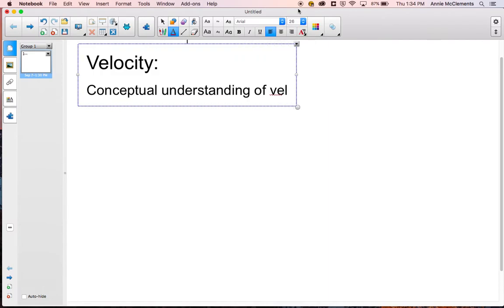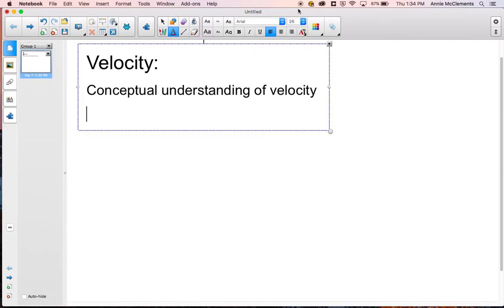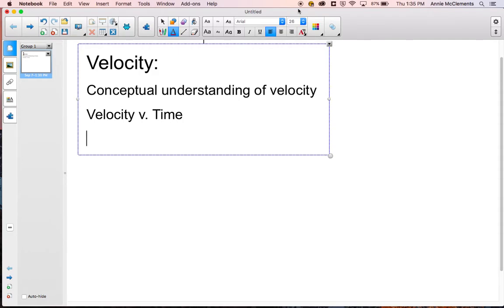What do we mean when we say velocity? How is it different from speed? We're also going to take a peek at velocity versus time graphs, how they relate to position versus time graphs, which we spent a lot of time talking about in class today. And finally, we're going to talk a little bit about calculating velocity, right? What does that look like?